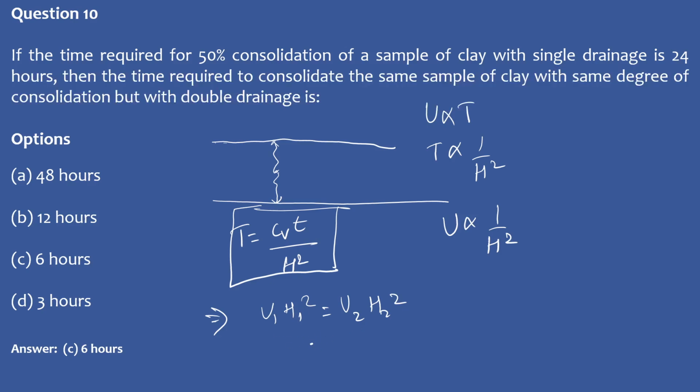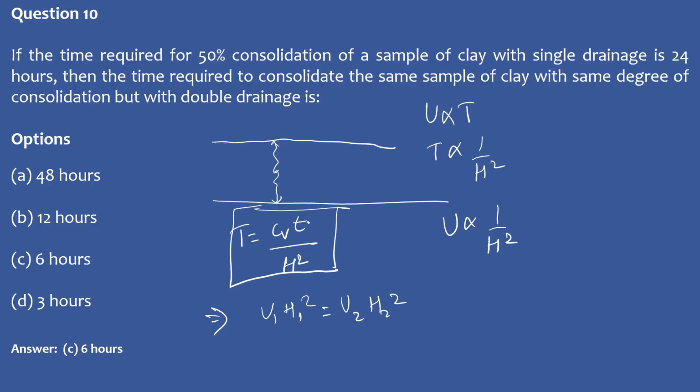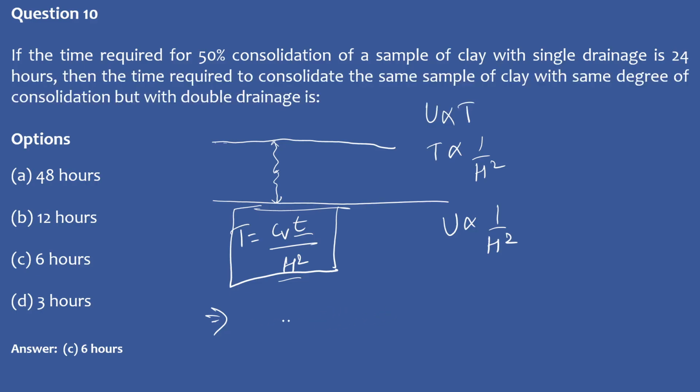Now they are saying the degree of consolidation is the same, so they are asking for the relation between the time and H square. Tv equals Cv t by H square, so for case 1 it is t1 by h1 square.